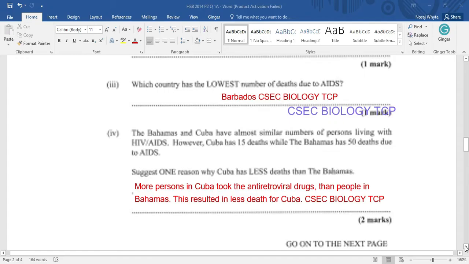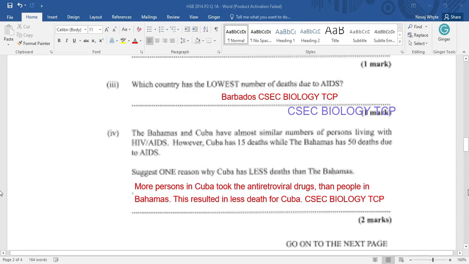Another thing we need to look at here, which is rather interesting: the Bahamas and Cuba have almost similar numbers of persons living with HIV and AIDS. However, Cuba has 15 deaths while the Bahamas has 50 deaths due to AIDS.